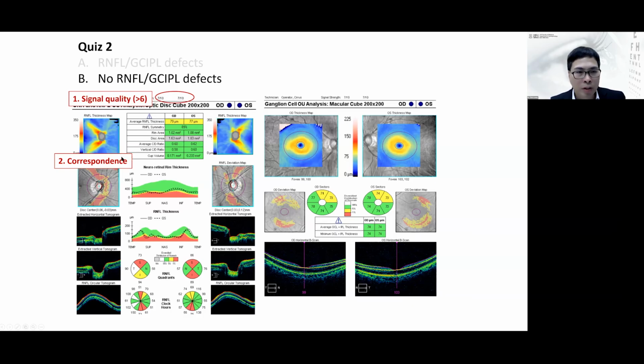But when we study the correspondence, again, I think this is a very important example we need to be aware of. Here is an eye with high myopia. For eyes with high myopia, the supratemporal and infratemporal axonal fiber bundles of the retinal nerve fiber layer tend to converge a little bit towards the macula because of the axial elongation of the eye.